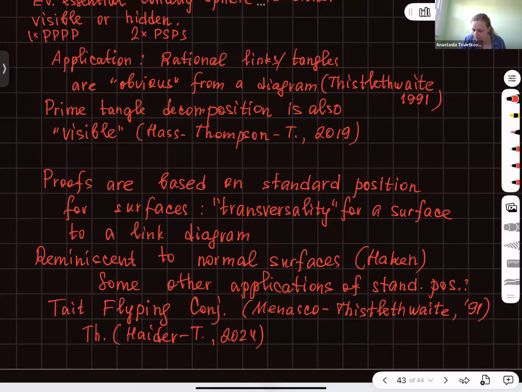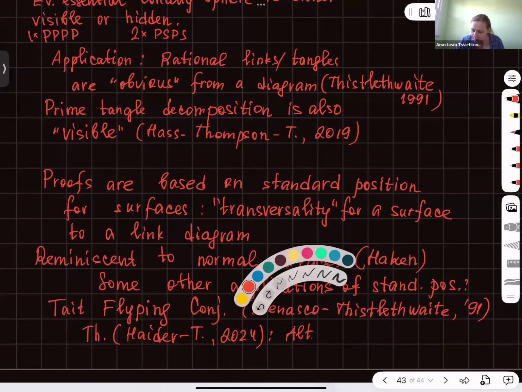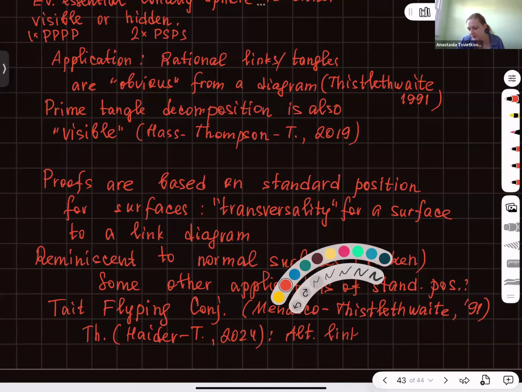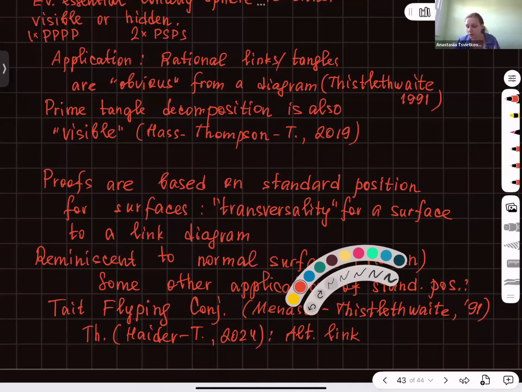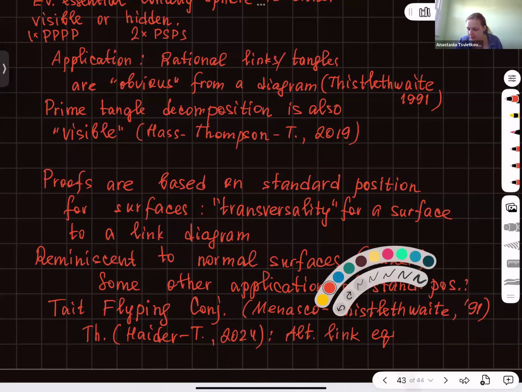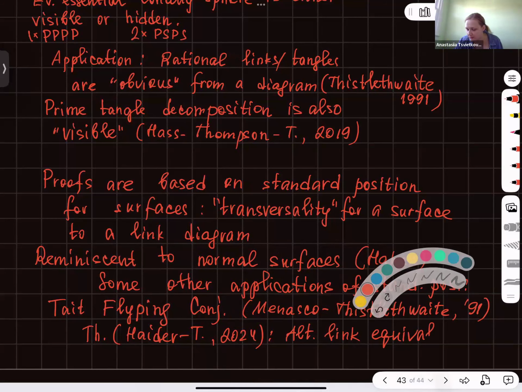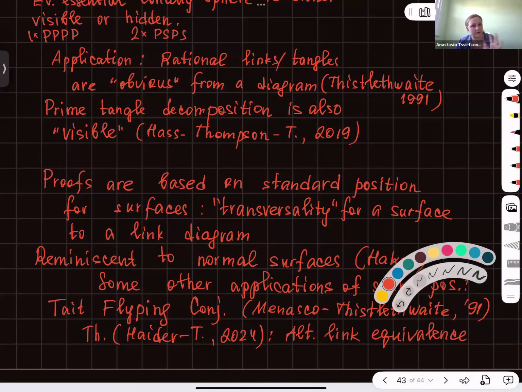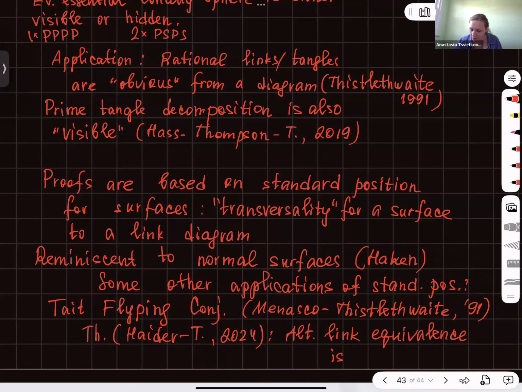So this is 24. Basically, what it implies, if you think hard enough, is that whenever you want to check equivalence of alternating links, so you have two alternating diagrams, and you just want to check whether they represent links which are the same or not, you actually have a polynomial algorithm. So this heavily uses the Tait flyping conjecture.